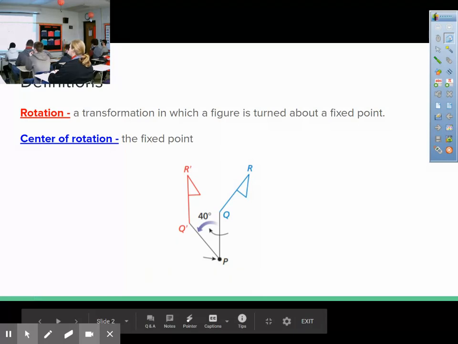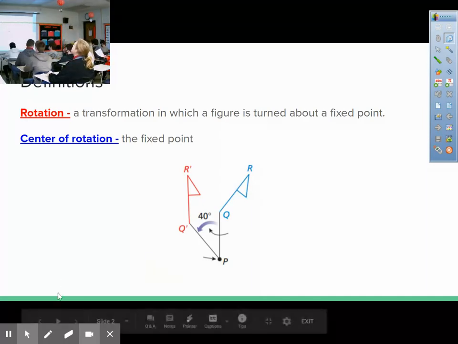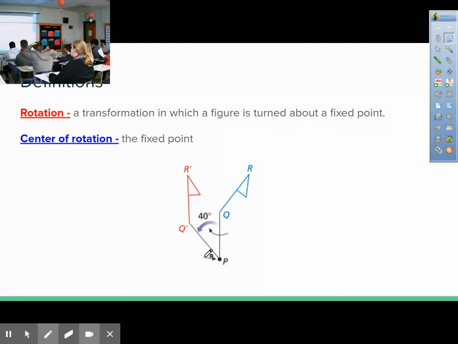All right, so a rotation, like I said, is a turn. I have the definitions written down for you already on your paper. But if you look over there where that picture is on student notes, I need you to label some things for me on that picture. This point P is known as the center of rotation. So I need you to label that point P, center of rotation.